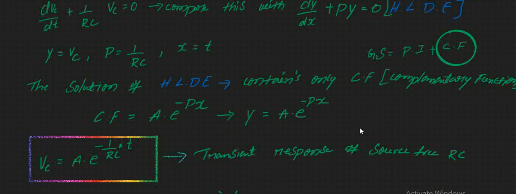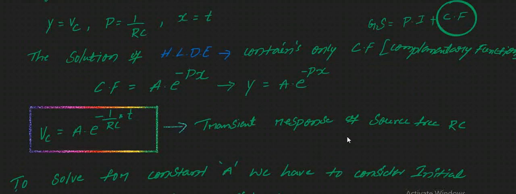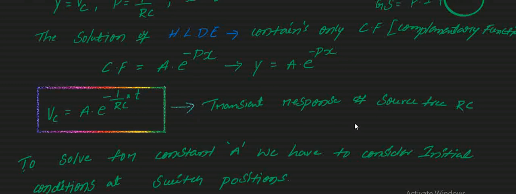This is called the transient response of the source-free RC circuit. By this equation we can conclude that the voltage across the capacitor in the source-free condition decreases exponentially. E power minus t by RC indicates that it decreases exponentially.